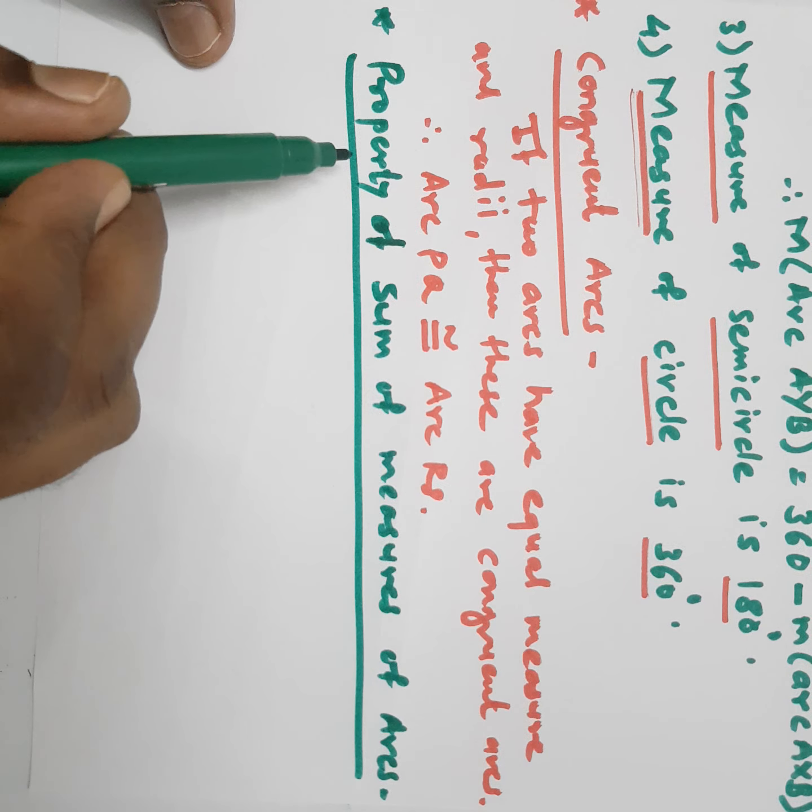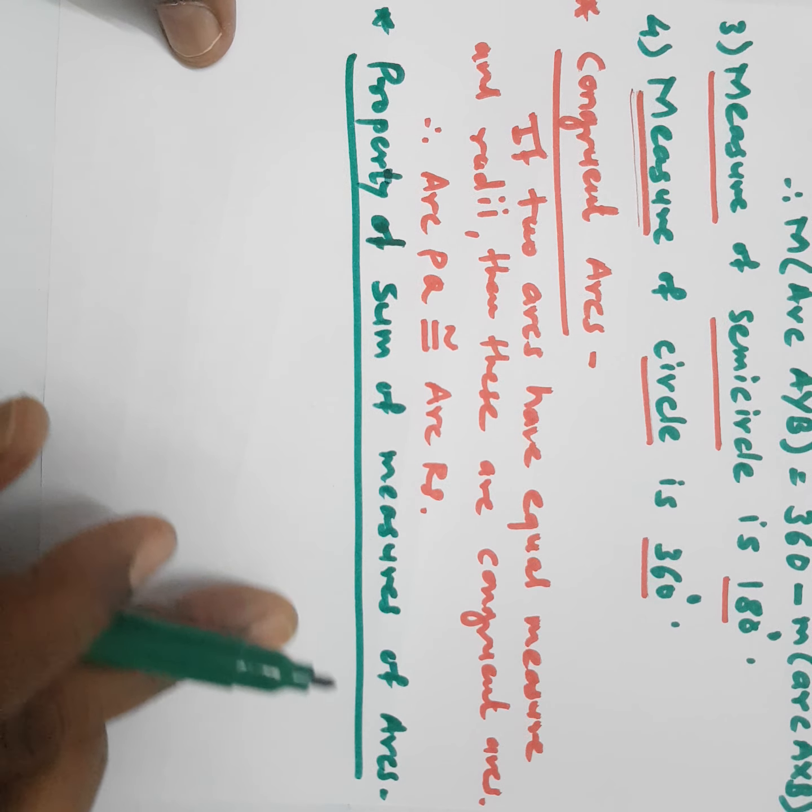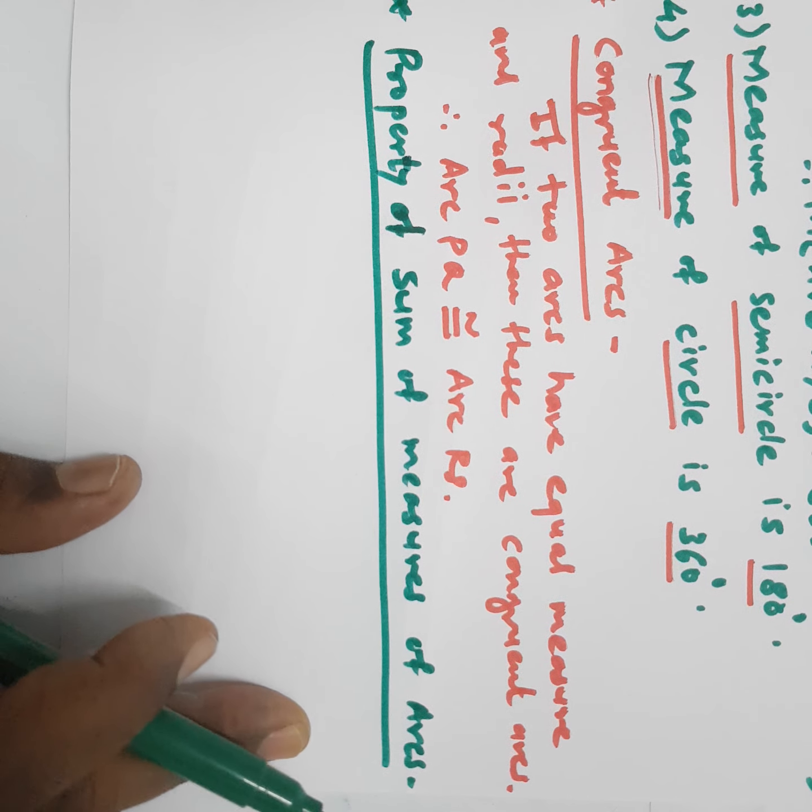Then the next concept is the property of the sum of measures of arcs.